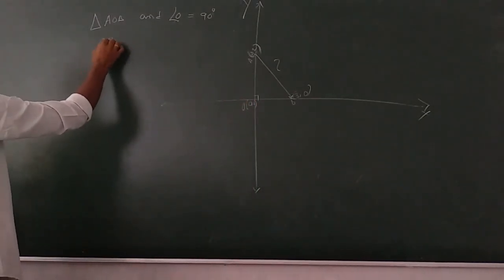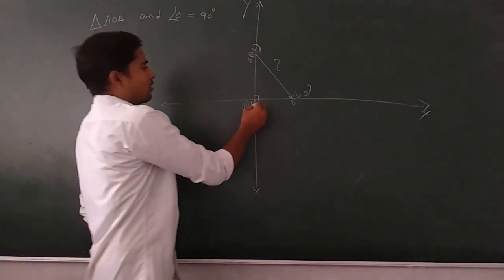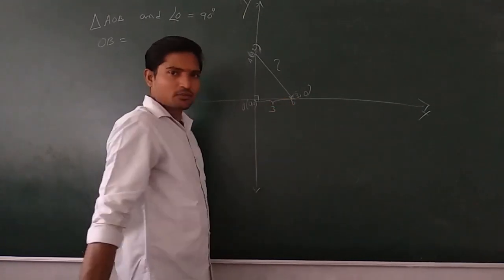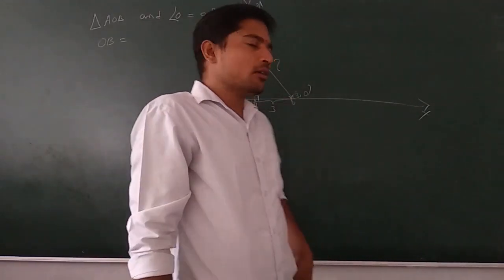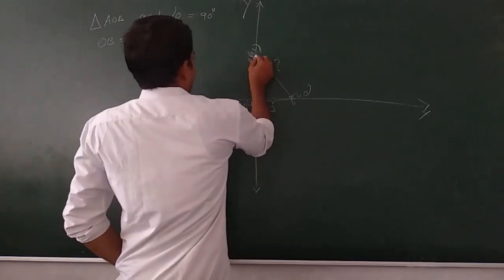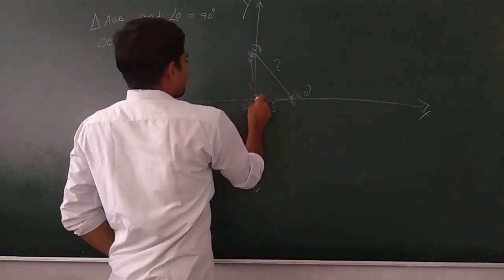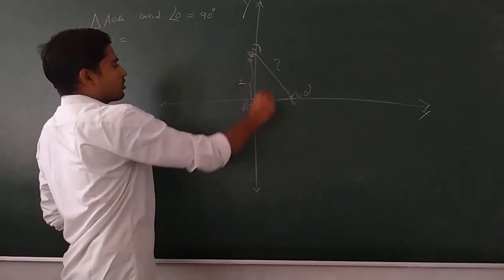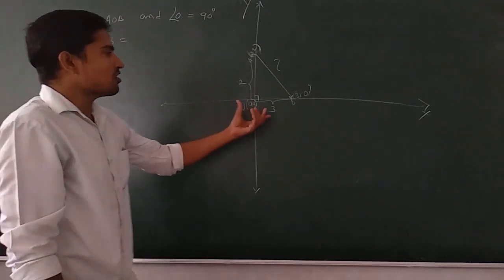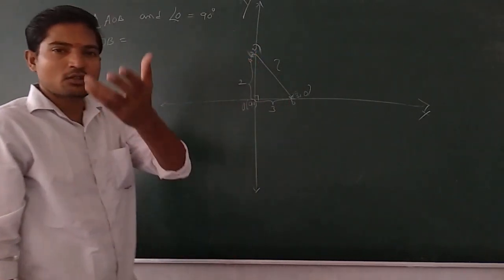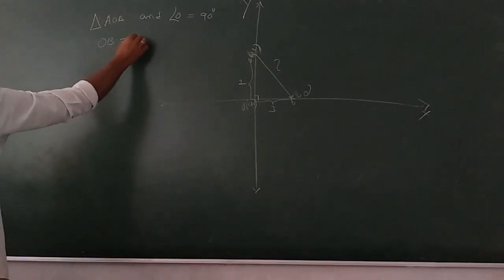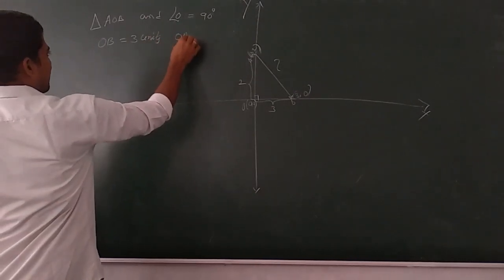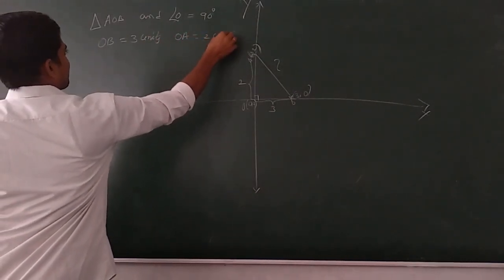So what is OA and what is OB? OB, from here to here, the distance is 3 units. And OA, the distance from the origin to A, is 2 units. So OB is equal to 3 units and OA is equal to 2 units.